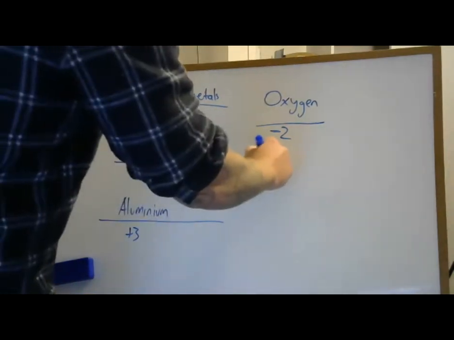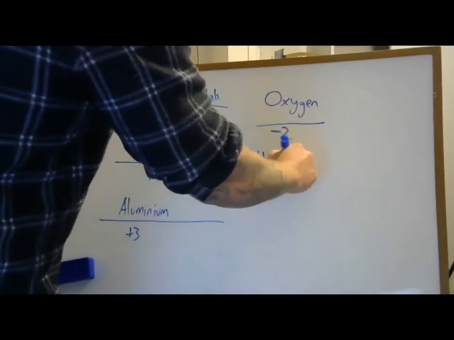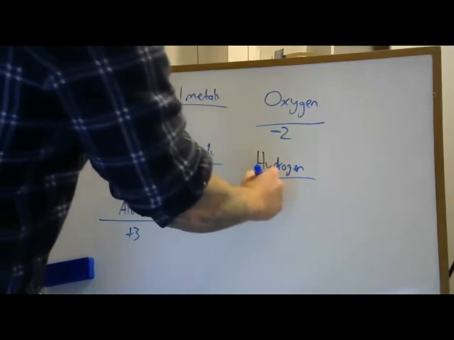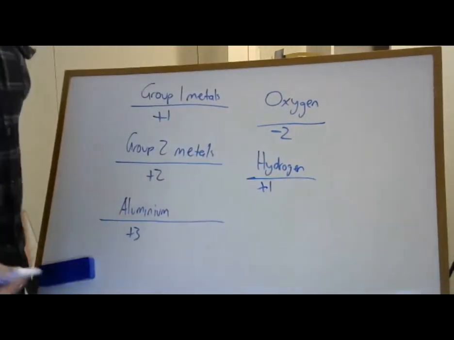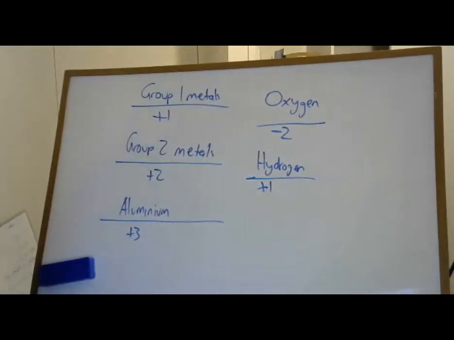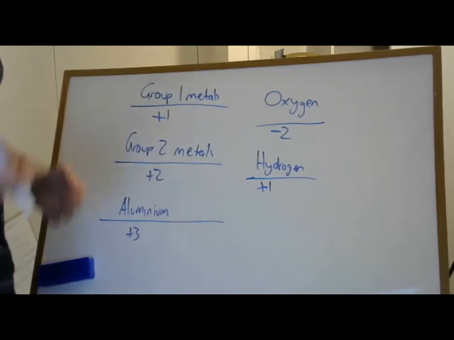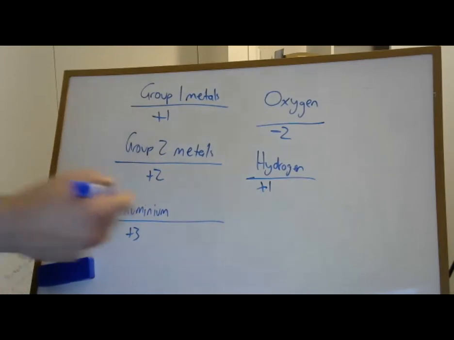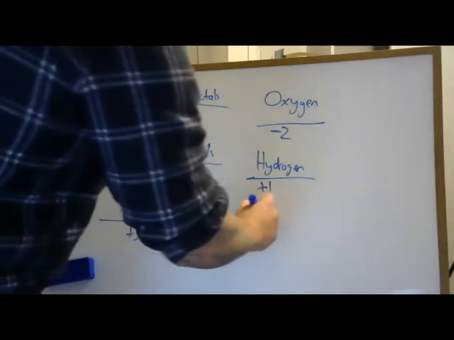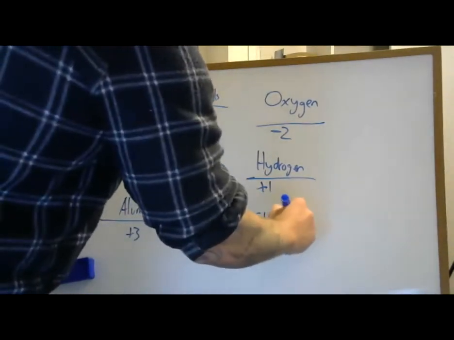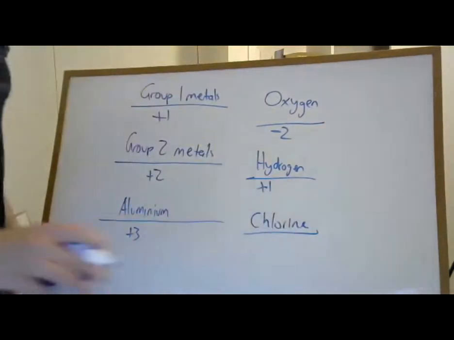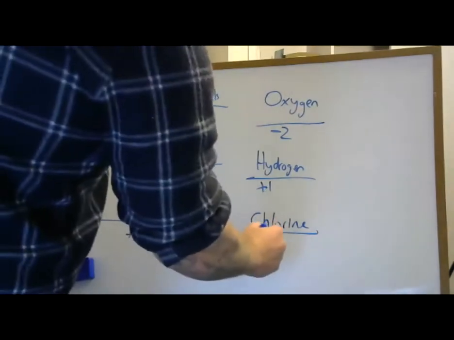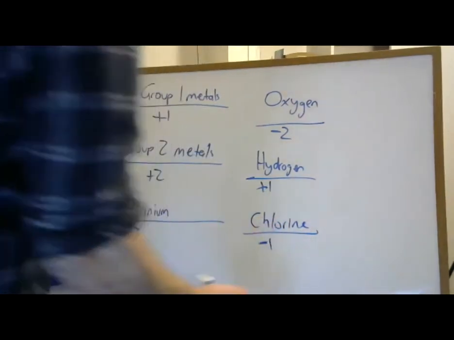Hydrogen, well, we already know that hydrogen is a group 1 metal, so it's always going to be +1, except with a few noticeable exceptions, but again, I'm going to keep it simple. So chlorine and other elements in group 7, usually for the case of this, -1.